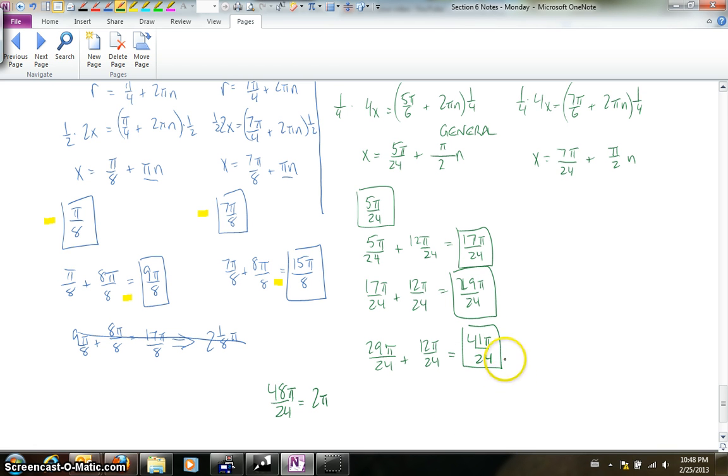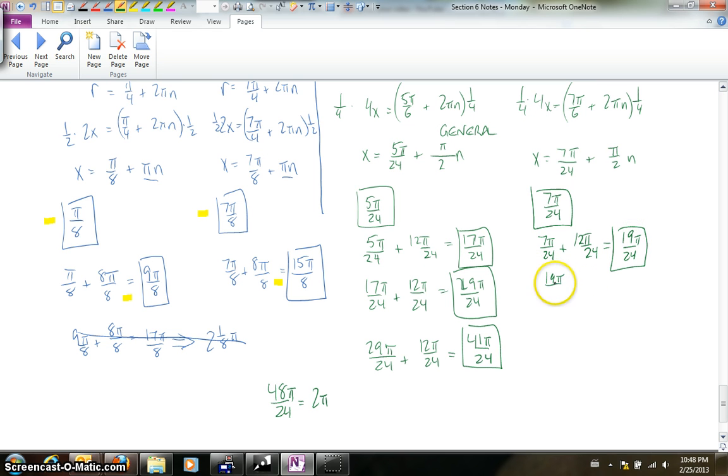So we're done there. Now we got to also deal with the 7 pi over 24 and keep adding pi over 2 to that until we get bigger than 2 pi. So 7 pi over 24 plus pi over 2, which again can be written as 12 pi over 24, so I have a common denominator. That's 19 pi over 24, still less than 2 pi.